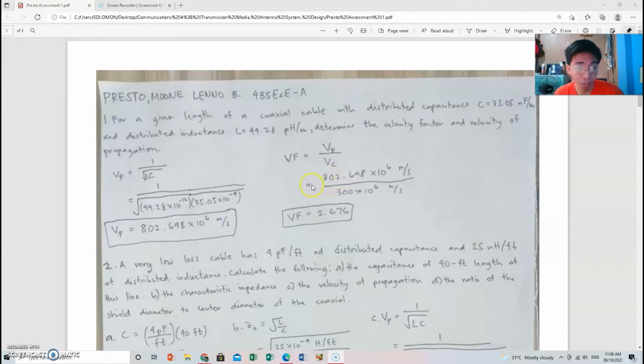So that becomes velocity factor is equal to 802.698 times 10 to the power of 6 meters per second over the velocity of light, that is 300 times 10 to the power of 6 meters per second. And the units will cancel, so velocity factor will have no unit. So velocity factor is equal to 2.676.